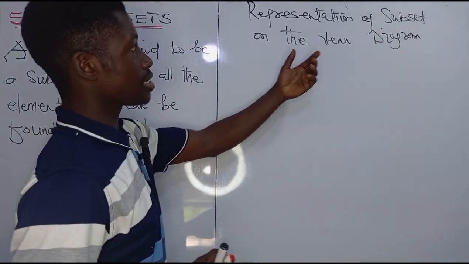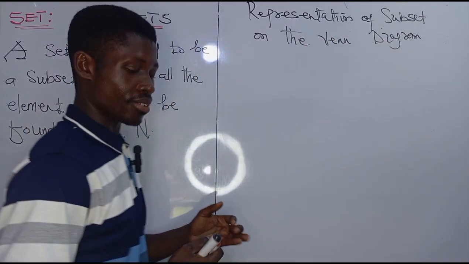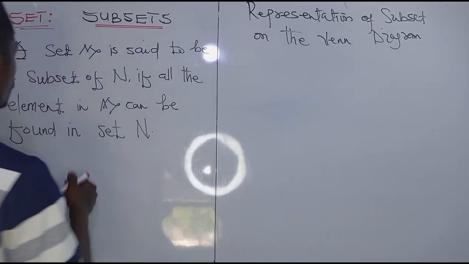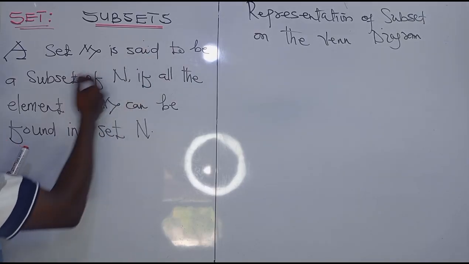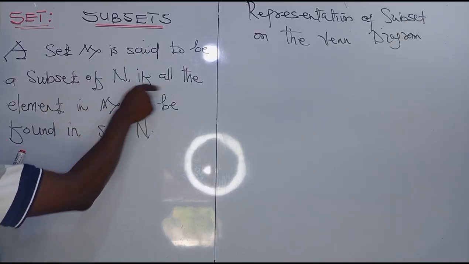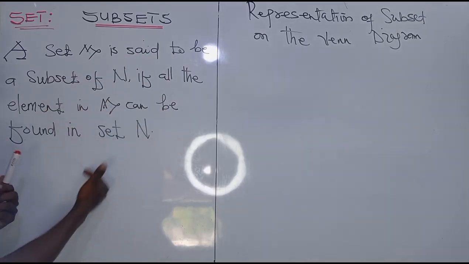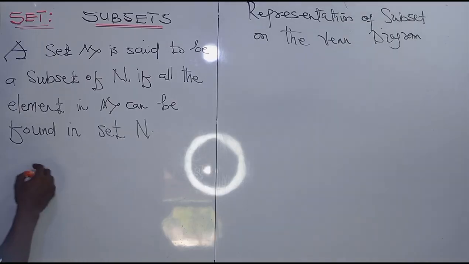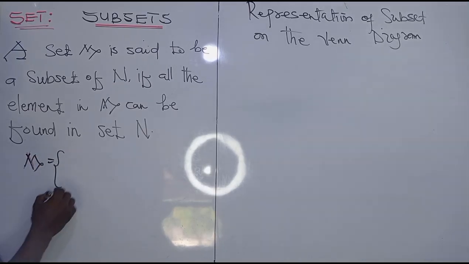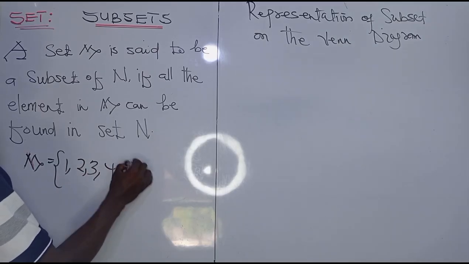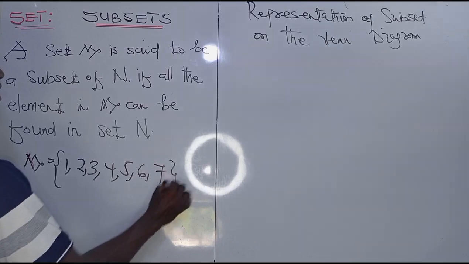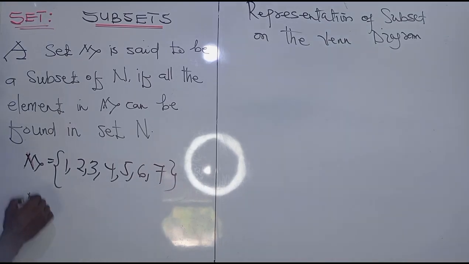So we are looking at representation of subsets on the Venn diagram. From our previous definition, we said that a set M is said to be a subset of set N if all the elements in set M can be found in set N. So we gave an example that, let's say, set M contains the elements 1, 2, 3, 4, 5, 6, and then 7.